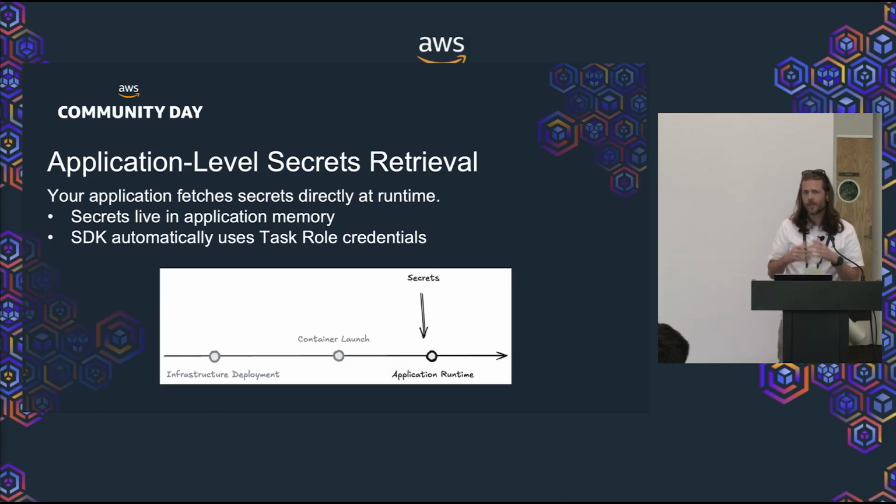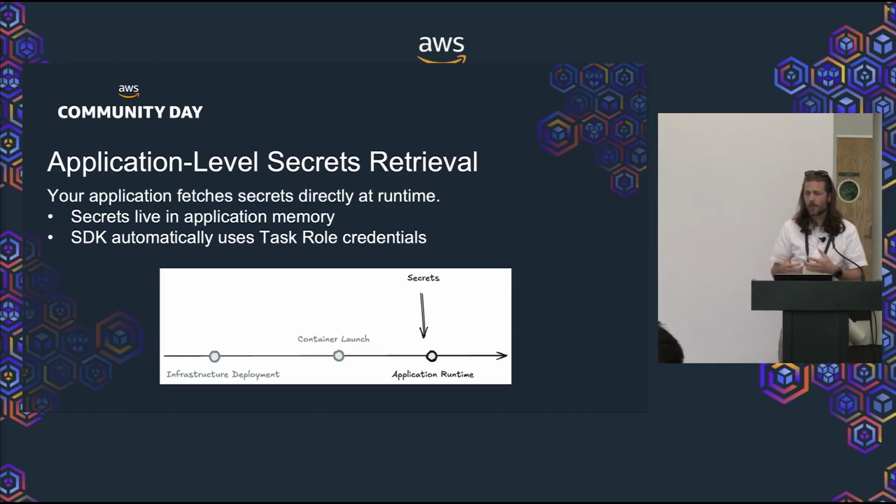All right, let's look at the final recommended method, which I'm calling application level secrets retrieval. In this case, we are fetching the secrets in our application, right, at runtime. We're not doing it when the application starts and then never retrieving them again. Usually, you will use the AWS SDK to read directly from Secrets Manager or Parameter Store.